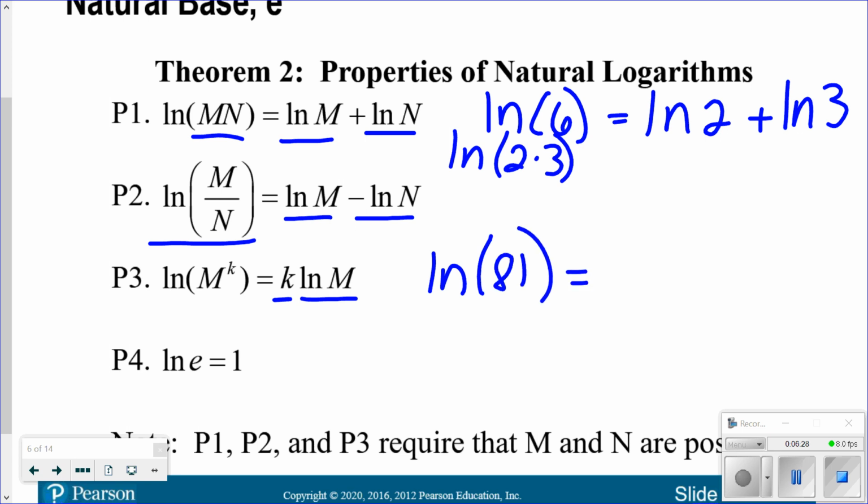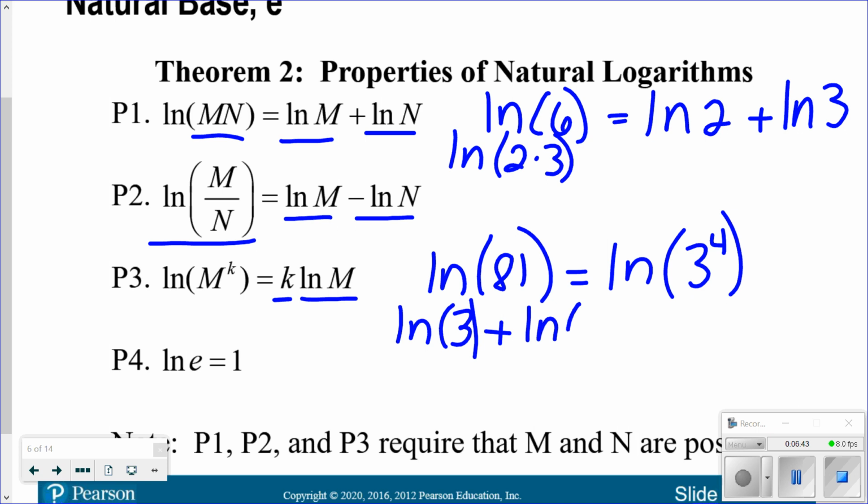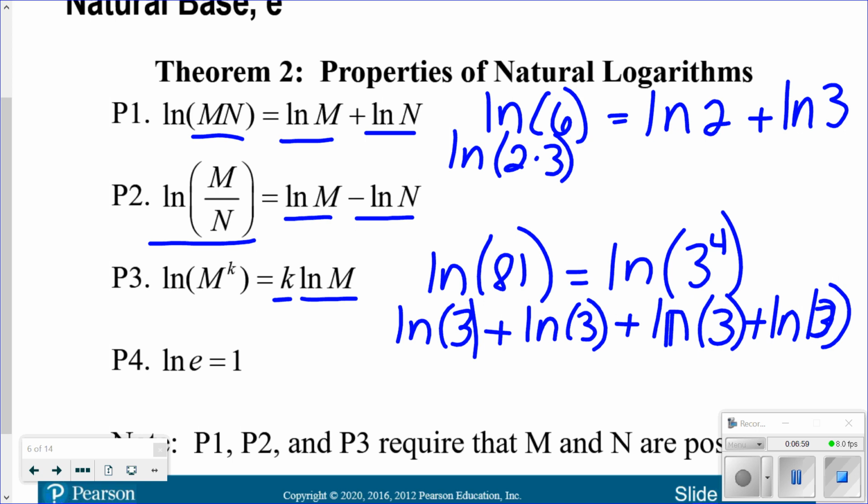Okay, well, I know that 81 is 3 to the 4th power. Well, that means that it's the natural log of 3 plus the natural log of 3 plus the natural log of 3 plus the natural log of 3. Okay, so I have 1, 2, 3, 4 natural logs of 3. So that's why that property works.